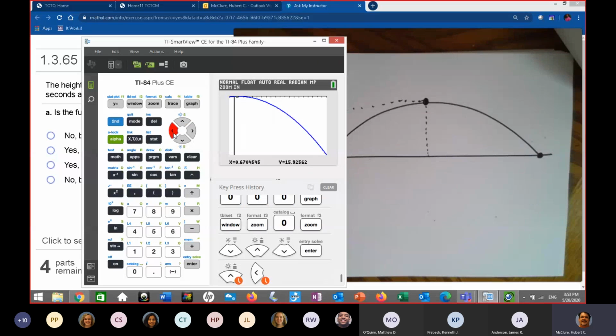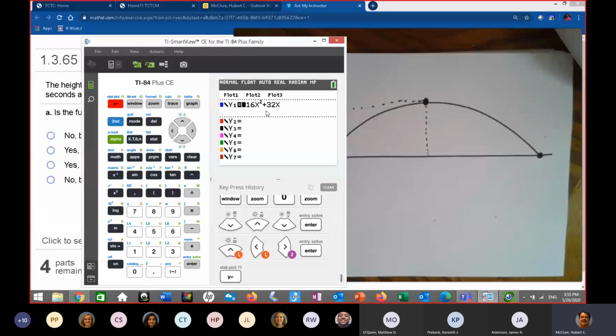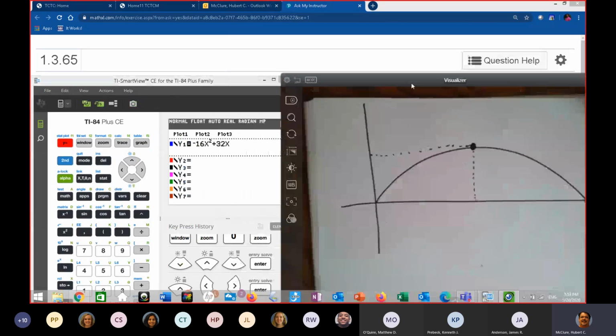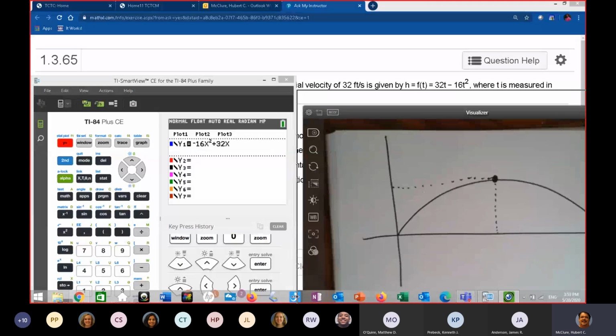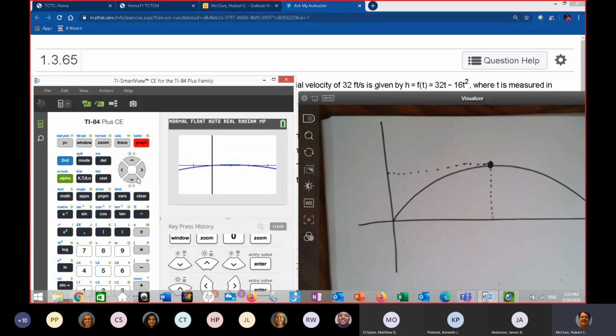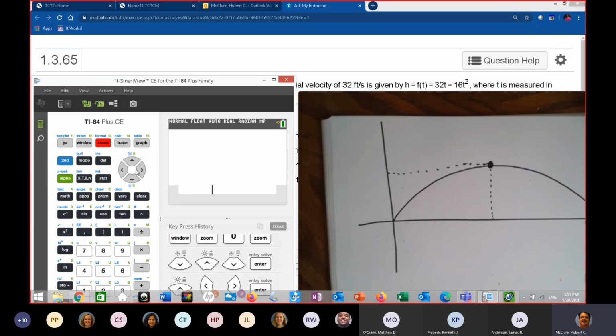There we go. Is that what y'all's looks like? I got it graphed right: negative 16x squared plus 32x. Is that correct? Yes. Okay. Let me blow it up some more. Let's zoom in one more.